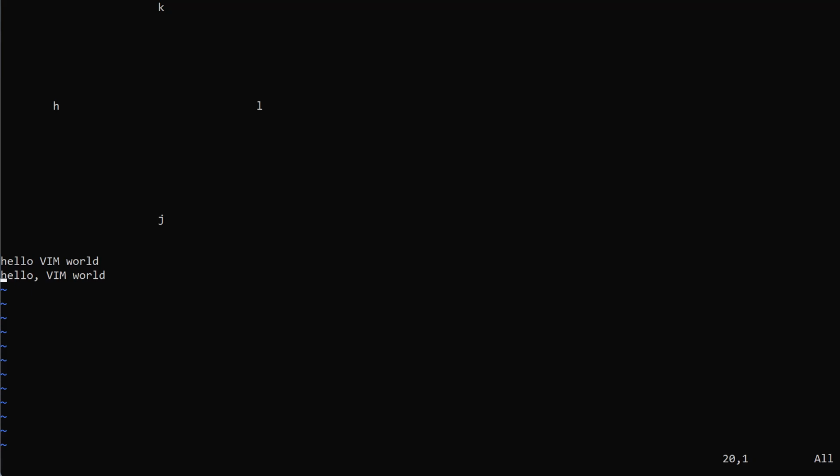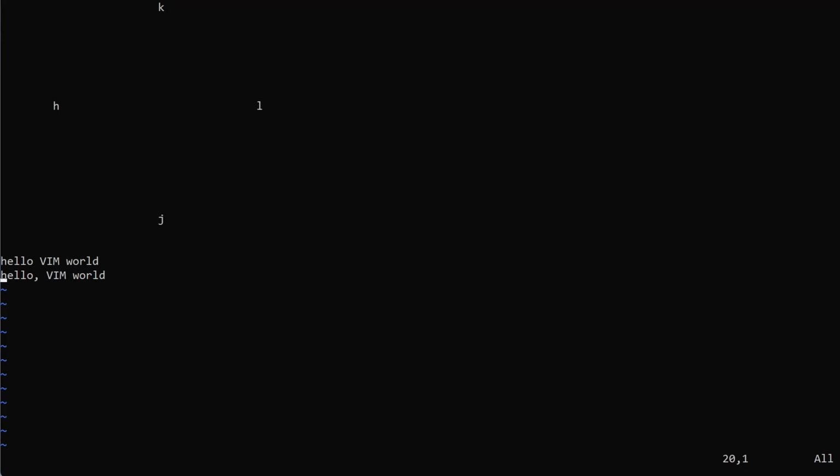Let's take the second sentence. With W, you will see that it stops here, because W counts a special symbol like a word. So you will jump here.